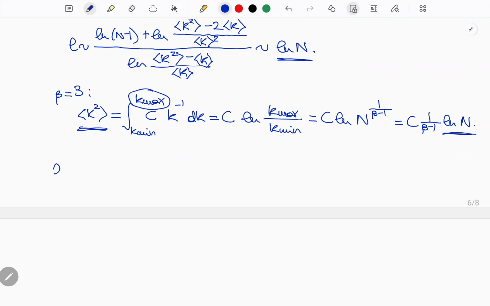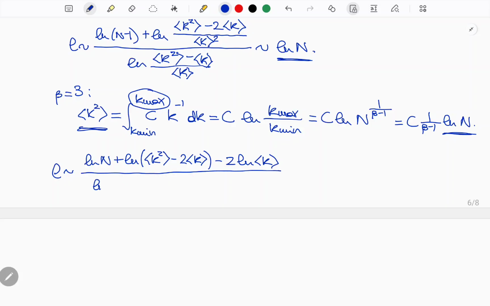So I have that L is going to go like, first of all, the logarithm of n minus 1, which is going to be the logarithm of n, plus the logarithm of the quotient, which is the subtraction of these logarithms: the logarithm of the average of k squared minus twice the average of k, minus the logarithm of the average of k, over the logarithm of the average of k squared minus the average of k, minus the logarithm of the average of k.